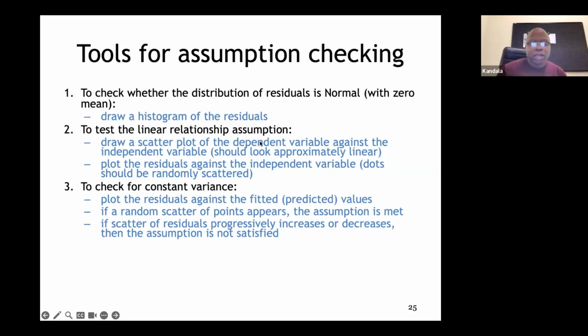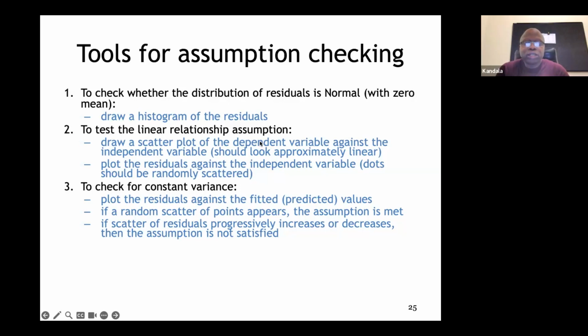So I indicated at the very beginning that in a regression analysis, we need one variable that is called the dependent variable, and another one called the independent variable.